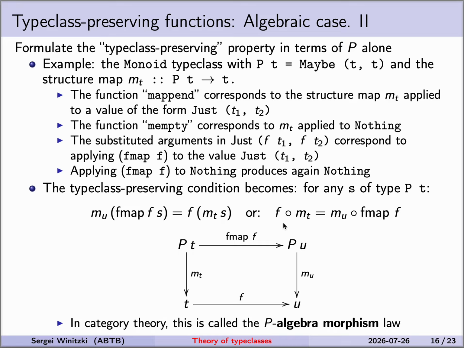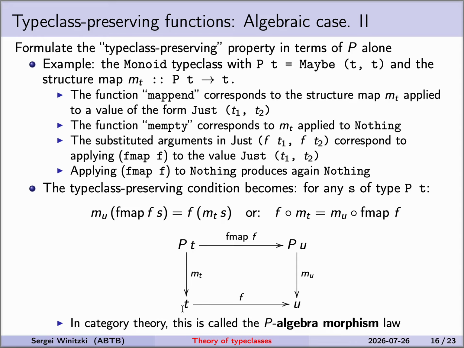In category theory, it is a well-known equation, which is called the p-algebra morphism law. And the function f that satisfies this equation is called a p-algebra morphism. I remind you that a p-algebra is a type T together with a function mt, which is called the structure map of this type, pt to t.